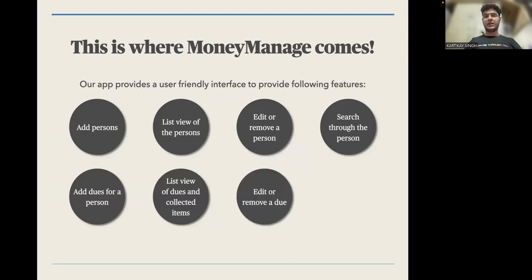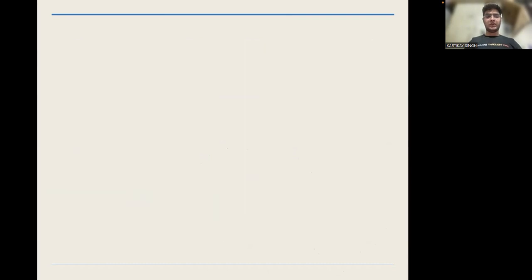Then we have the option to edit or remove the due. Sometimes it happens that we are unable to insert the dues correctly, so we can edit them also. And lastly, the lent date and collected money date are also shown in the application.